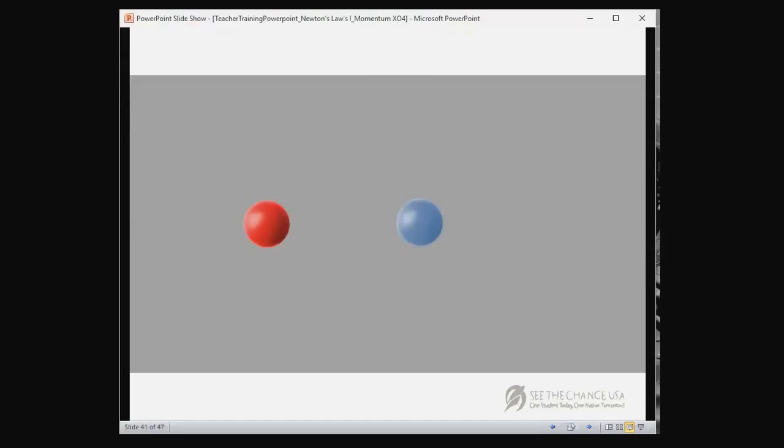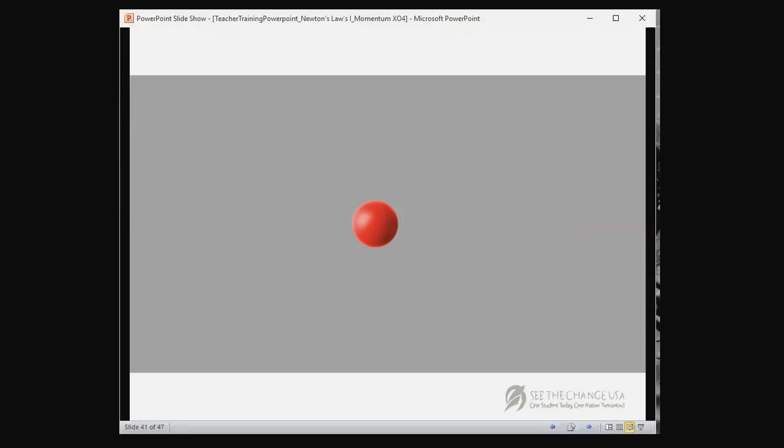Let's take a look at an elastic collision. This is when things bounce off each other. If this red ball gets a little bit of momentum and collides with the blue ball, notice it lost all of its momentum and transferred it into the blue ball. If we could somehow measure the momentum of the red ball before and the momentum of the blue ball after, we would see that they have the exact same momentum.